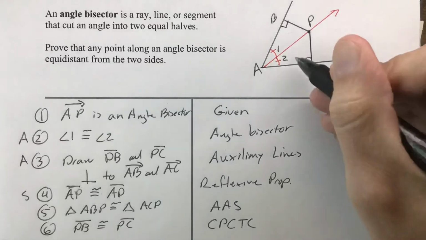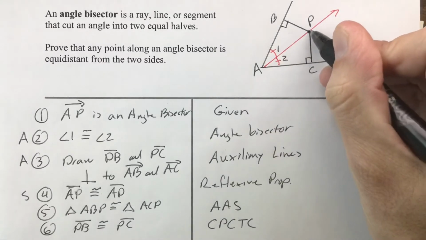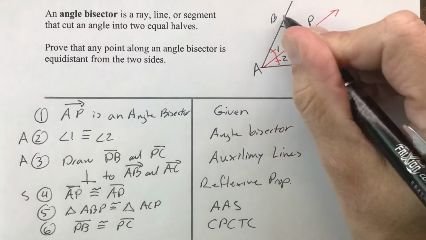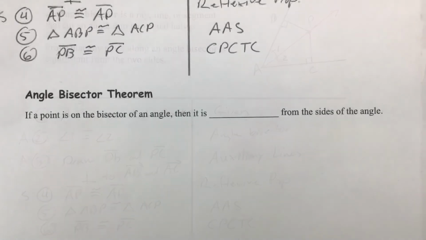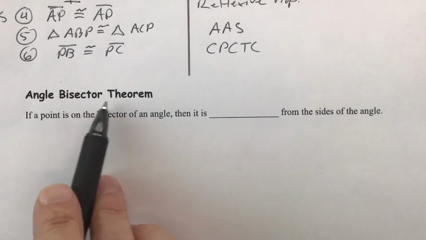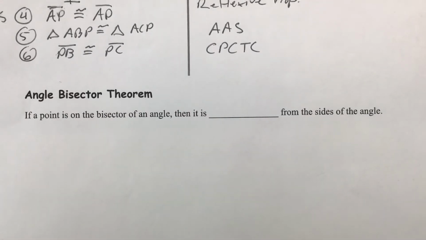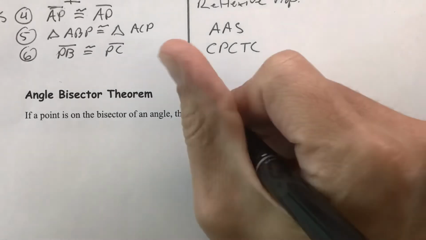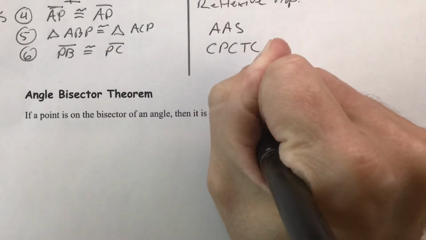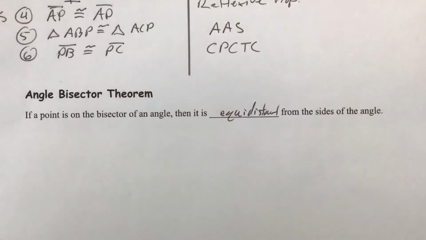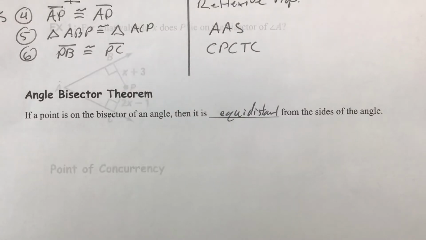So that proves that any point on an angle bisector, such as P, would be equidistant from the two sides. Let's officially state the angle bisector theorem. If a point is on the bisector of an angle, then it is equidistant from the sides of the angle.